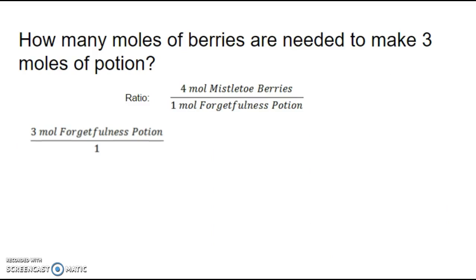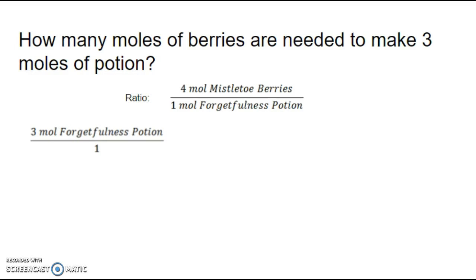How many moles of berries are needed to make 3 moles of forgetfulness potion? So we just calculated our ratio of 4 moles of berries to every 1 mole of potion. And the problem gives us that we want 3 moles of the forgetfulness potion. So 3 moles is how we're going to start out our equation. So 3 moles of potion. And let's see if you can figure out what we're going to incorporate in our next step of our calculation.